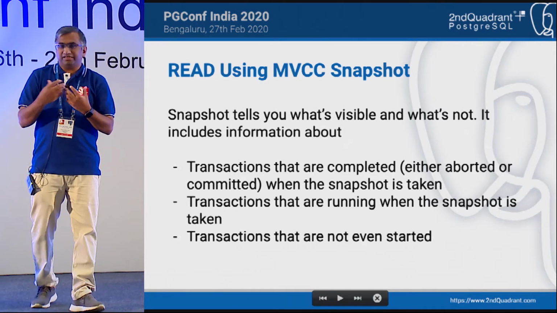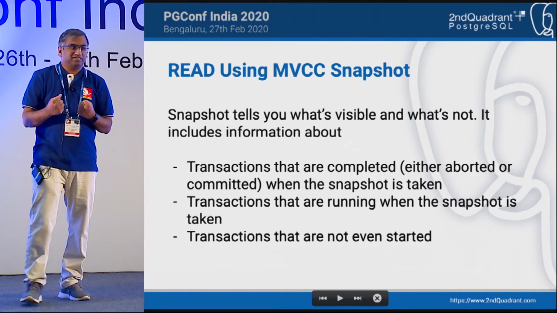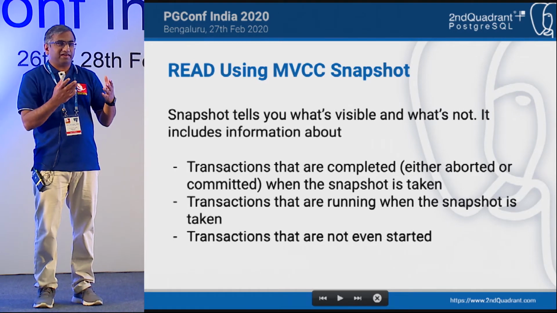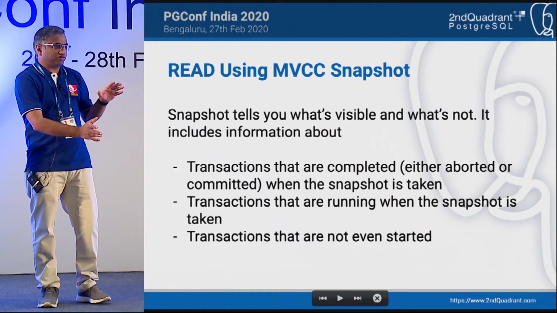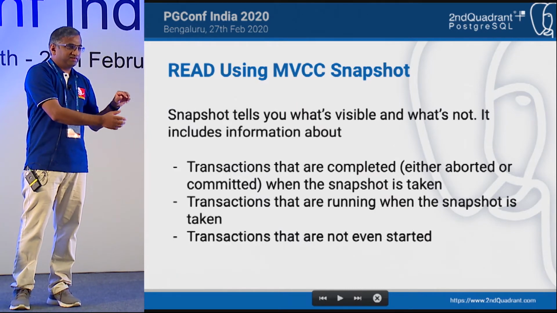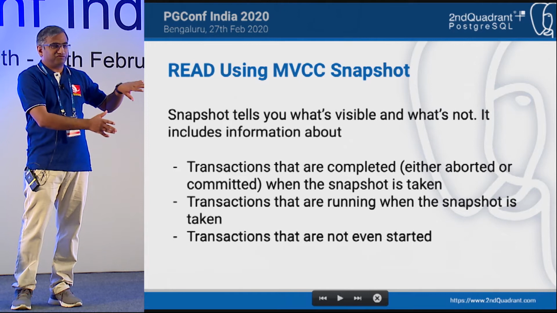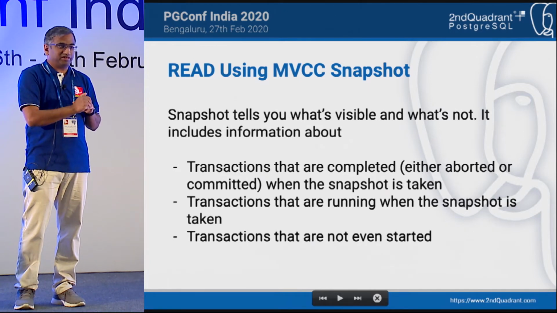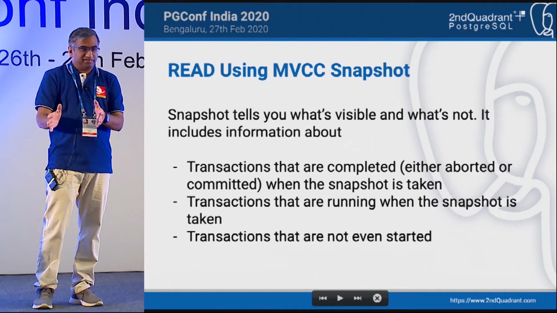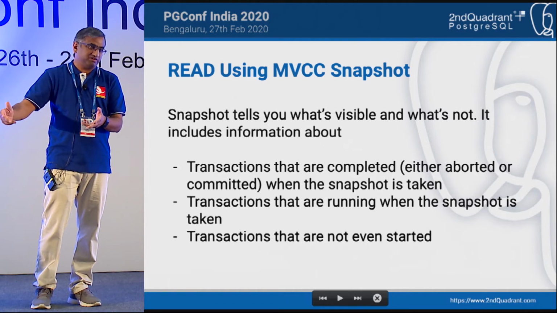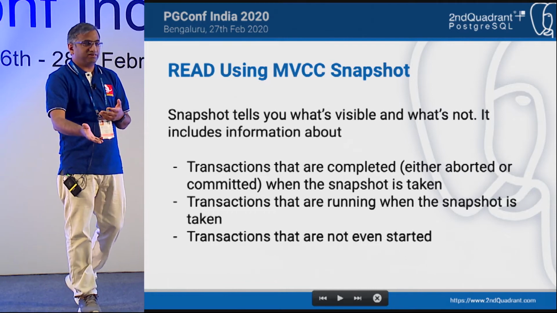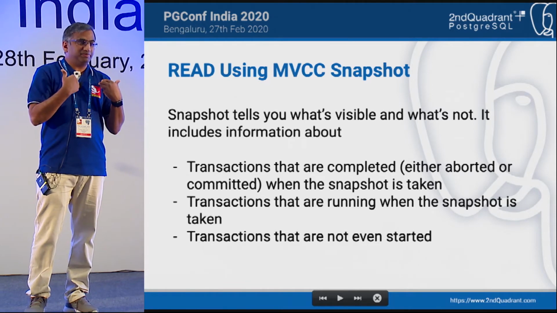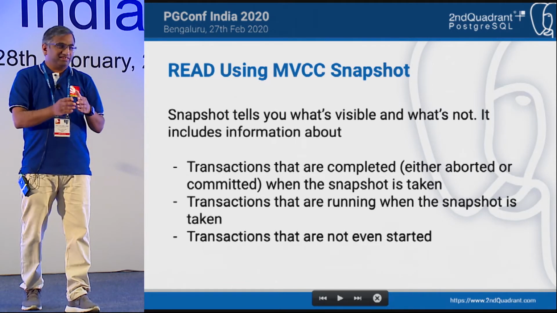So if I'm taking a snapshot from the database, I'm saying I can see all effects of these transactions because they had completed before I started. They had committed before I started. I can't see effects of these transactions because either they haven't yet started or they started after I began my scan.